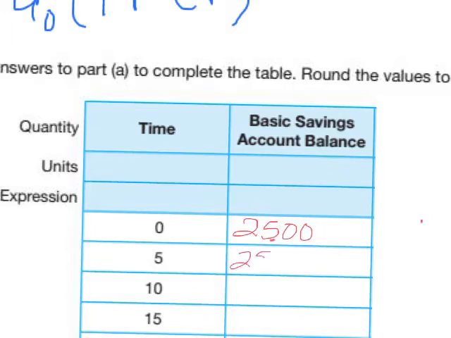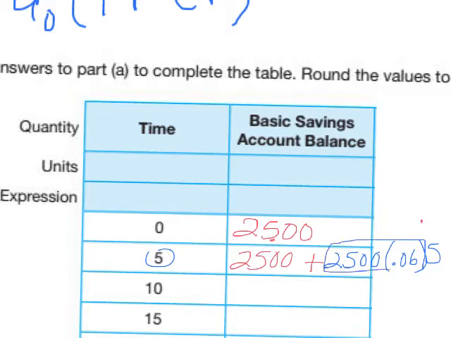You're going to have your original amount, and then plus whatever 2,500 times 0.06, that's how much interest, and then times 5, because it's 5 years. So this gives you 1 year of interest, this gives you 5 of them, and then add that to your original 2,500. That gives you your total. So you could do that for the rest of these as well.